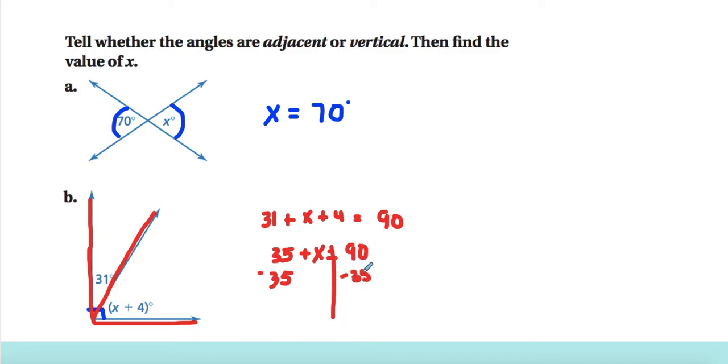Negative 35 and negative 35 cancels out to 0, and my x can be brought down. 90 minus 35 equals 55, so my value of x is 55.